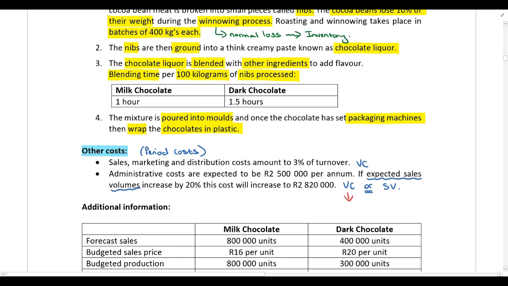So if we know what the sales volumes are, we can take the cost and divide by the sales volumes to determine if the unit cost is constant. If the cost per unit is constant, then we are dealing with a variable cost. On the other hand, if the cost per unit is not constant, we also know that the cost in total is changing, so it's not a fixed cost. So if it's not a fixed cost and it's not a variable cost, then it will be a semi-variable cost.